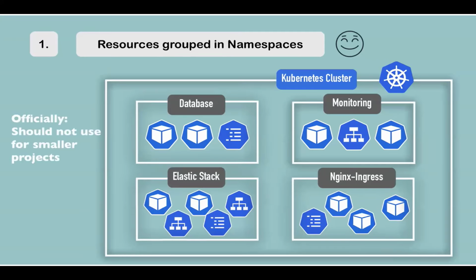Officially, you will find one more statement that if there is a small project where fewer people are working on it, you should not use namespaces. You should go with the default one. But see how many components you are making. For example, the one that we created right now, Mongo Express and MongoDB, both are interlinked to each other.